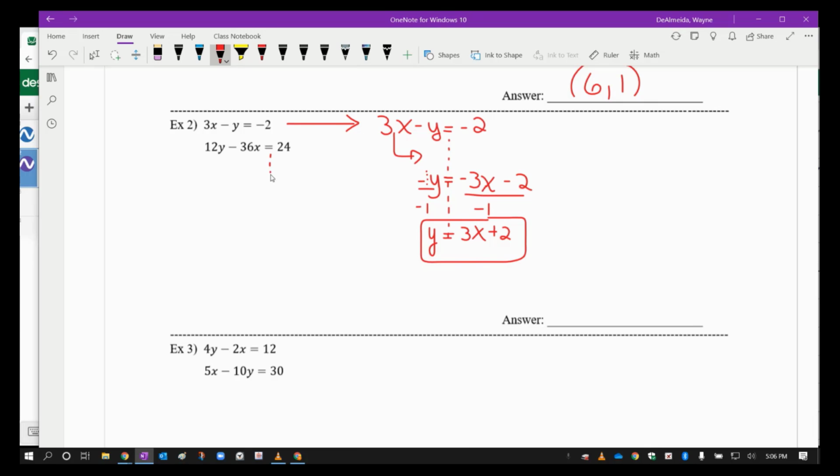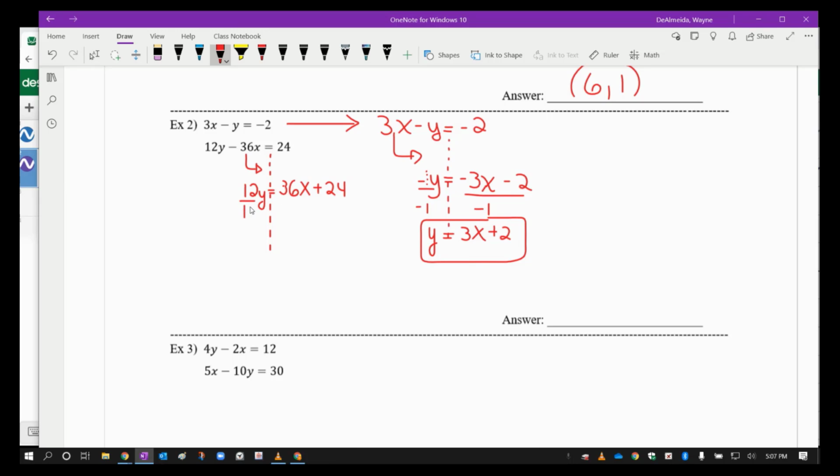Now we'll look at the other equation. We need to get the y alone, so we're going to make the necessary movements. Here the 36 needs to move, so 12y comes down, 36 comes over as positive 36, and bring down the 24.